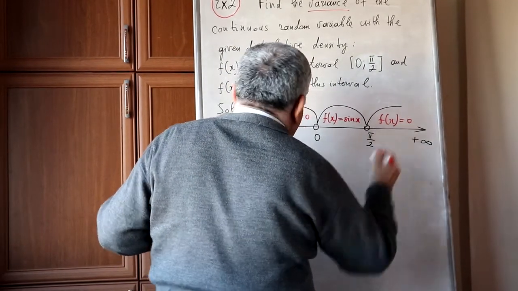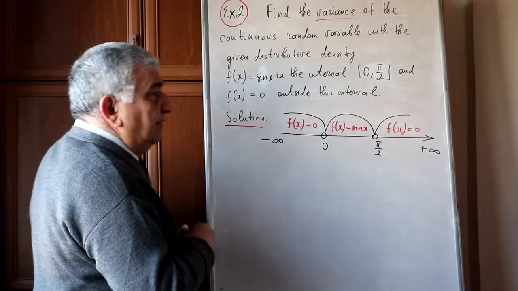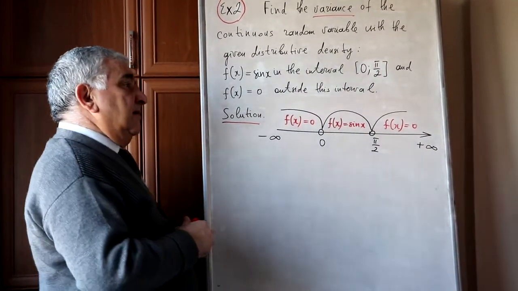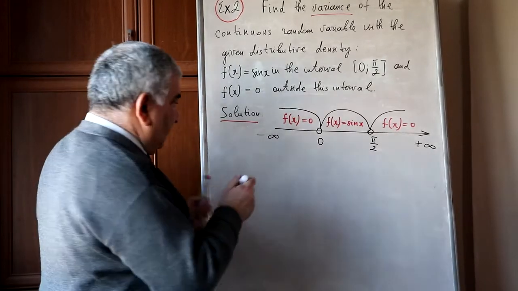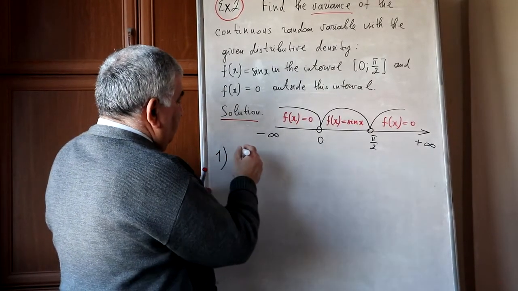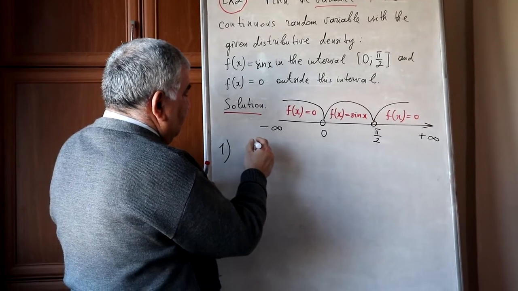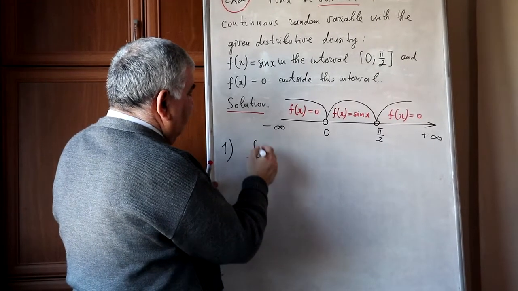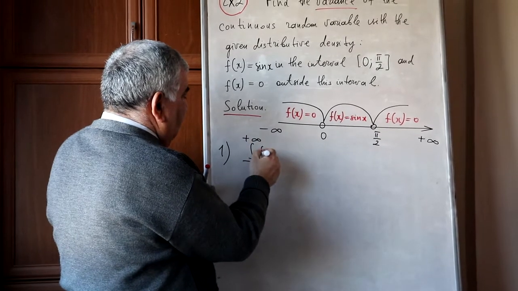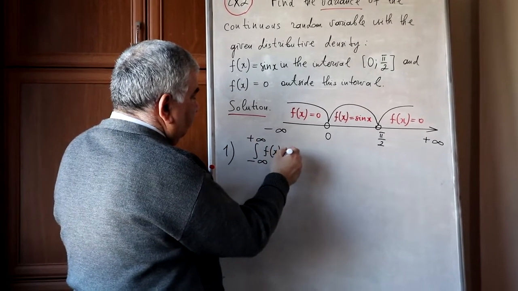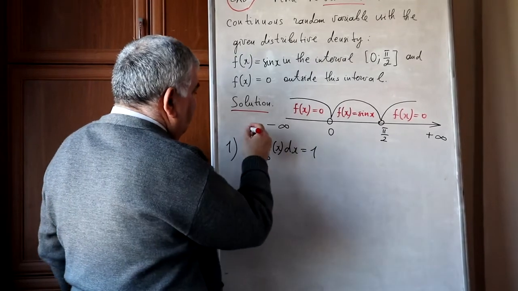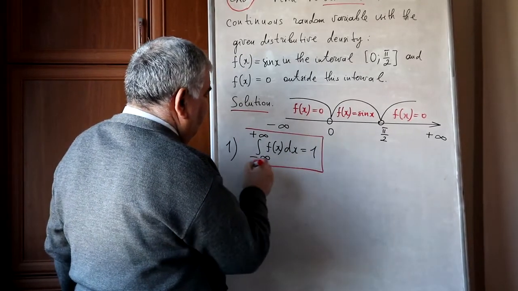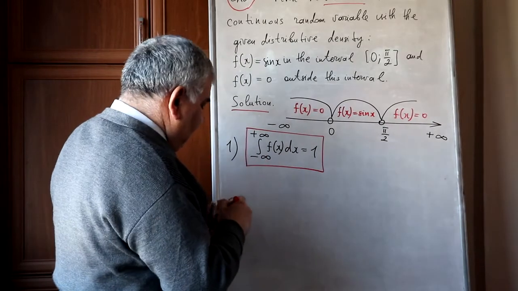In the first step, check the main probability equality for the continuous random variable. First step. Must verify this formula: integral from minus infinity to plus infinity of f of x dx is unit. It is the main probability equality.